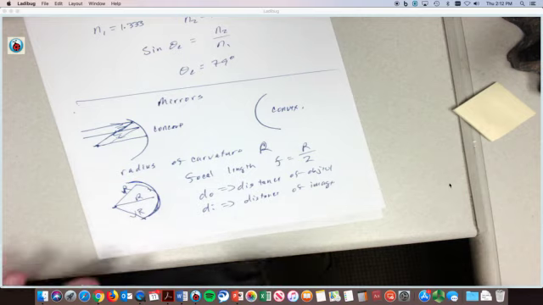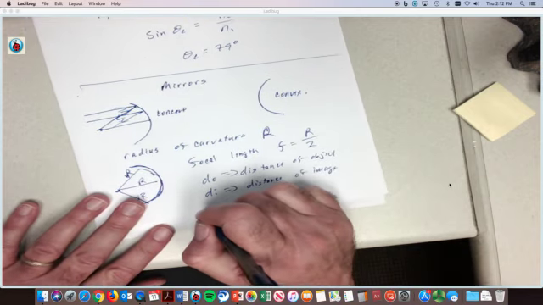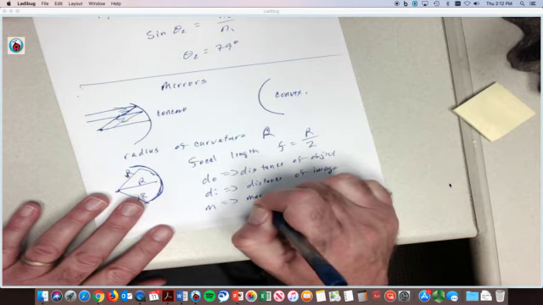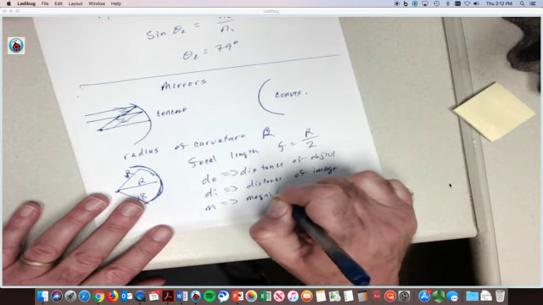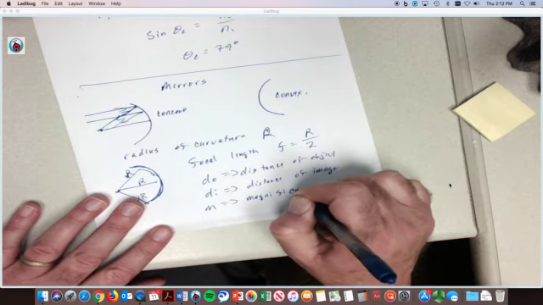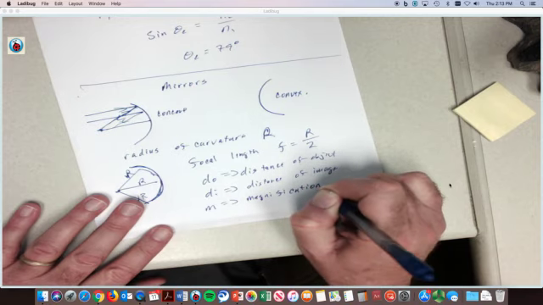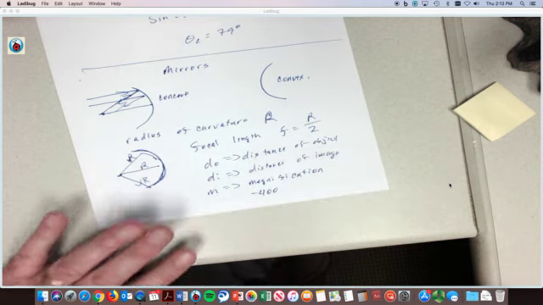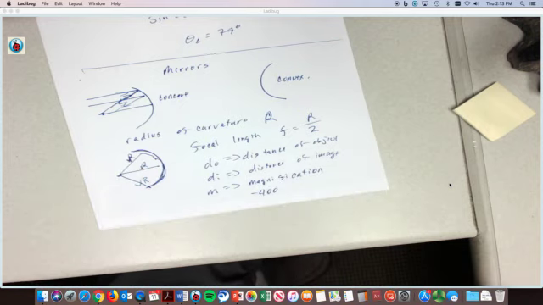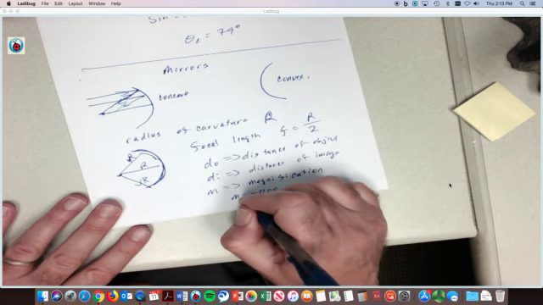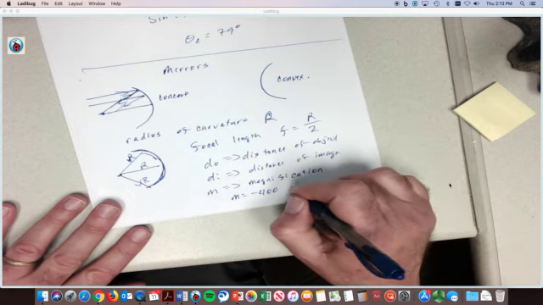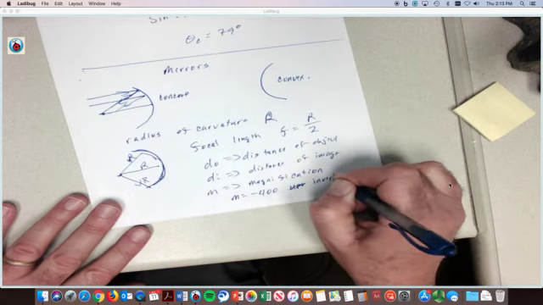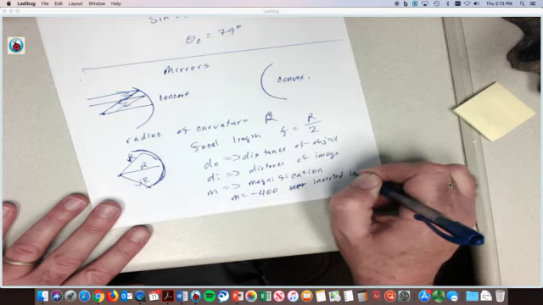Okay. And I'm trying to think, oh, and magnification. M is magnification. So if something has a magnification of negative 400, that means it's upside down, or what we call inverted, and huge.